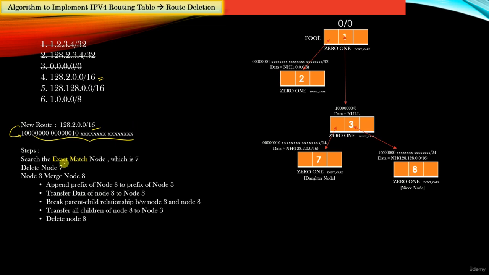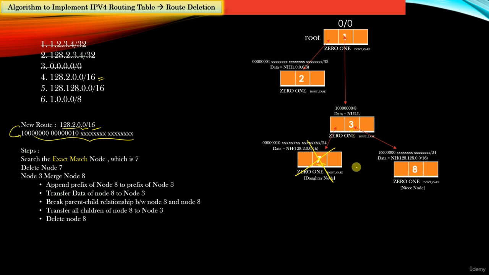Using the exact match route search algorithm, we are going to locate the node, which is node number 7, which holds the data for this route 128.2.0.0/16. And as per the algorithm, we are going to delete node number 7 straight away, and its parent, that is node number 3, would become a half node, so it will execute the merge algorithm.